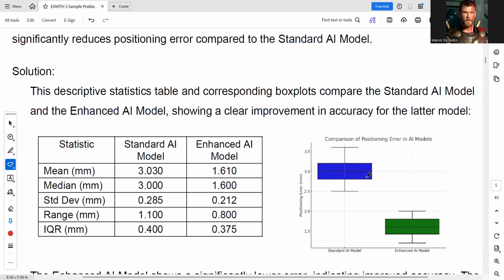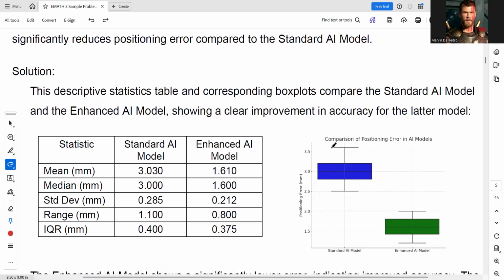For example, for the standard AI model, if there are no values beyond these two limits, which are called the whiskers of our box and whisker plot, then we don't have outliers.